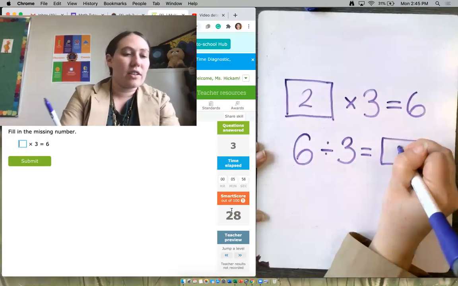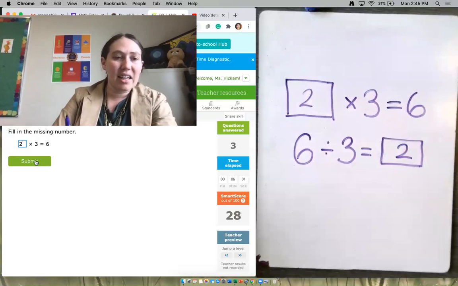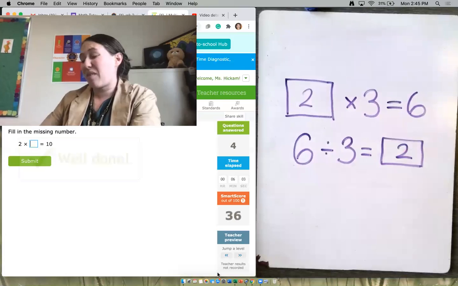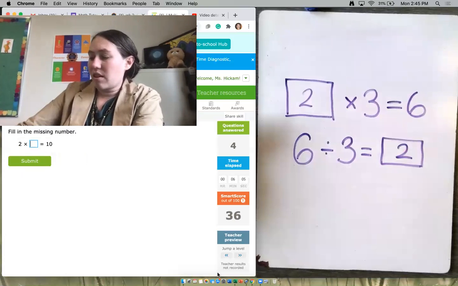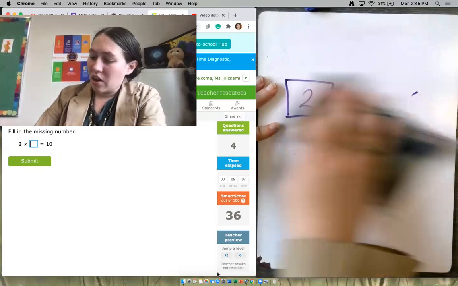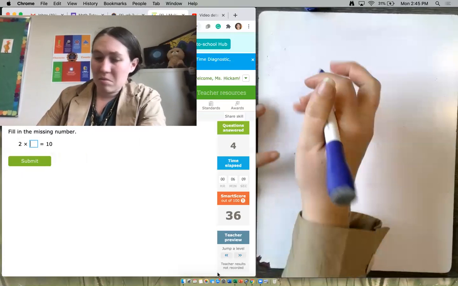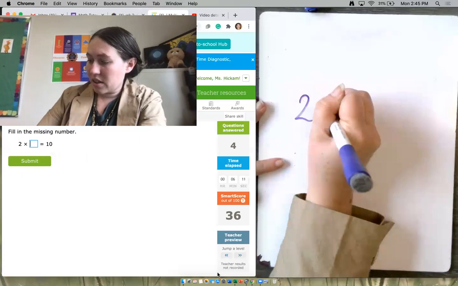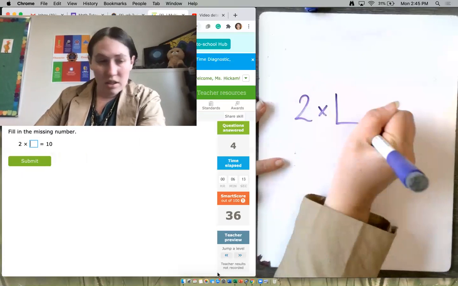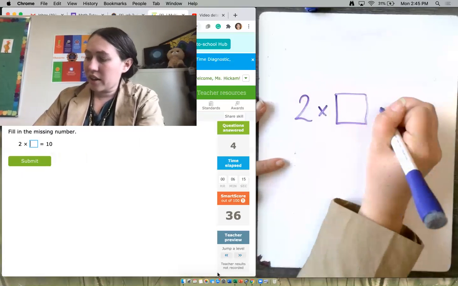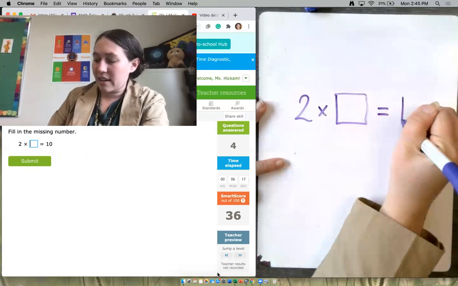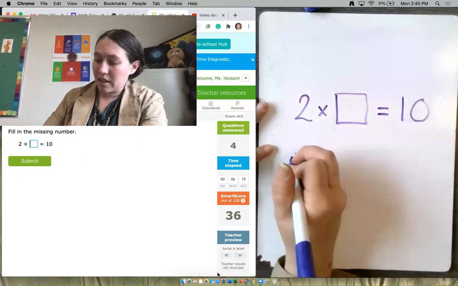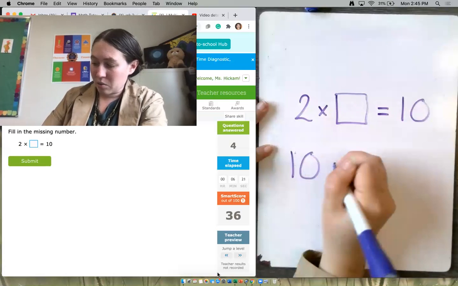One more after this, just because I'm liking it. Told you, really like puzzles. 2 times what equals 10? And I can rewrite this as 10 divided by 2 equals what?